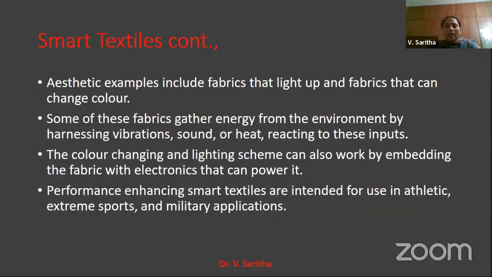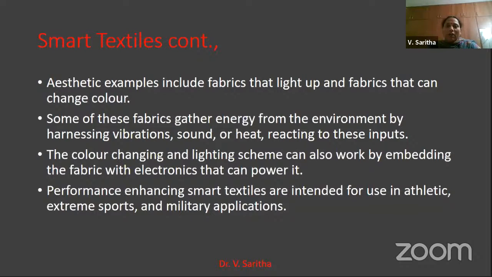Similarly, let us say our children are taking the exam, then obviously they'll be getting tensed. Most of the students will be getting tensed while they are taking the exam. So when we are using these kind of smart textiles, the feelings or the tension, the stress the student is going through will be known to the others and also to the self.